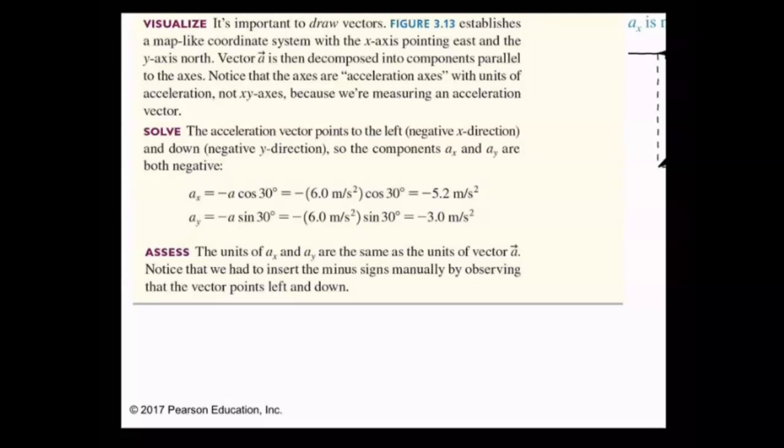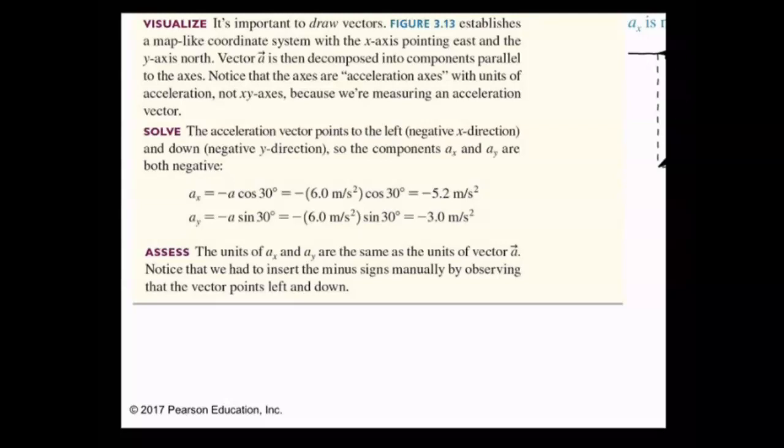And when we evaluate that, a sub x then is equal to minus 6.0 meters per second squared times the cosine of 30 degrees, which is equal to minus 5.2 meters per second squared. Similarly, a sub y is equal to minus a sine 30 degrees, and when we evaluate that, it's equal to minus 3.0 meters per second squared.